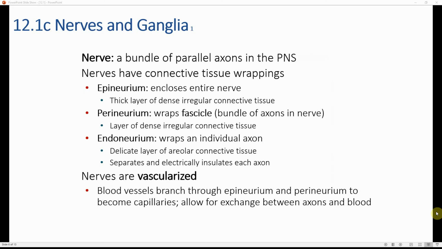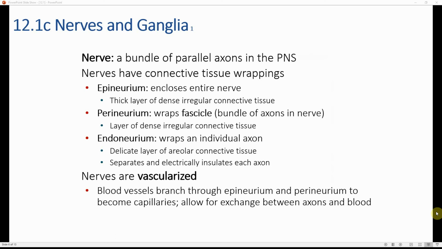The perineurium is a less dense connective tissue that wraps up bundles of axons, or what we call fascicles, that are within that nerve. And then finally, the endoneurium is a very, very thin layer of areolar connective tissue that we find wrapping up individual axons just above the myelination. It helps to separate and electrically insulate axons from each other.